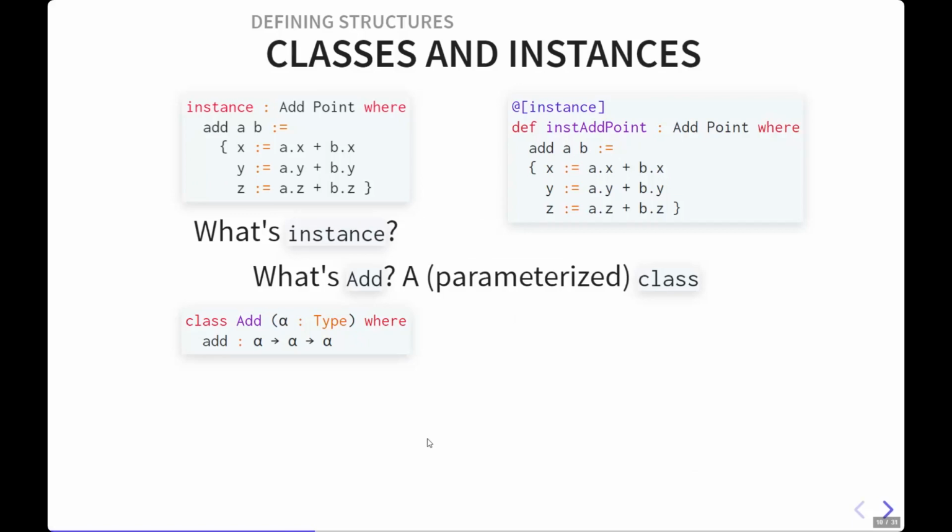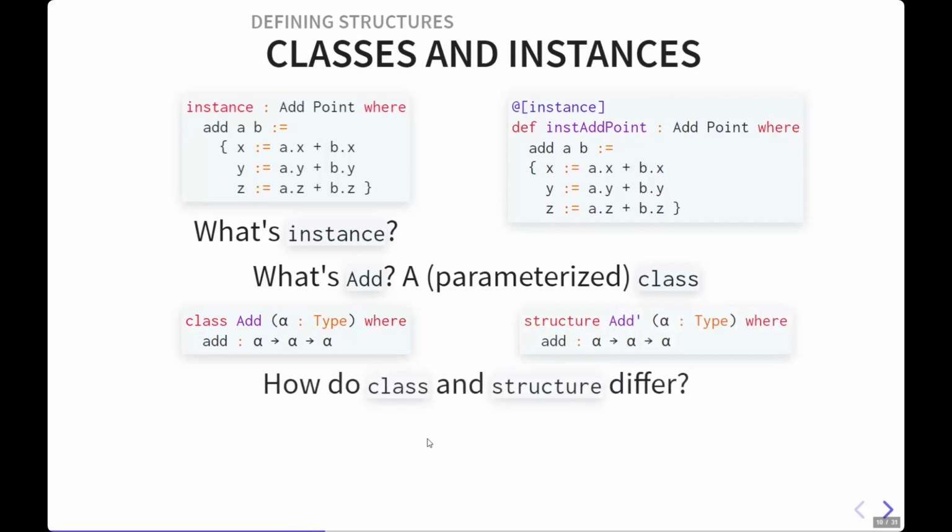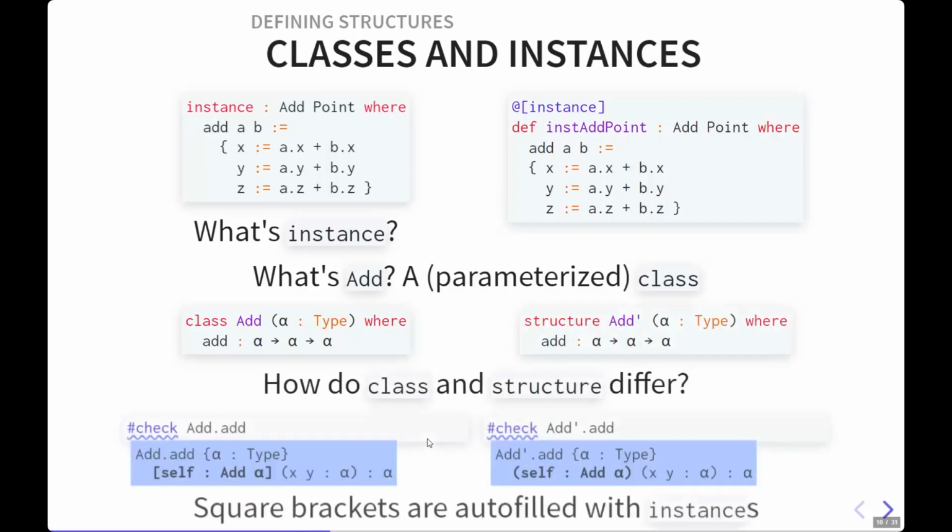And the question is, what's the difference between this and using the structure keyword? What you can do is ask Lean to show you the information about this add.add field we just created in both cases. On the class, it has square brackets around the self argument, and on the structure, it has round brackets.